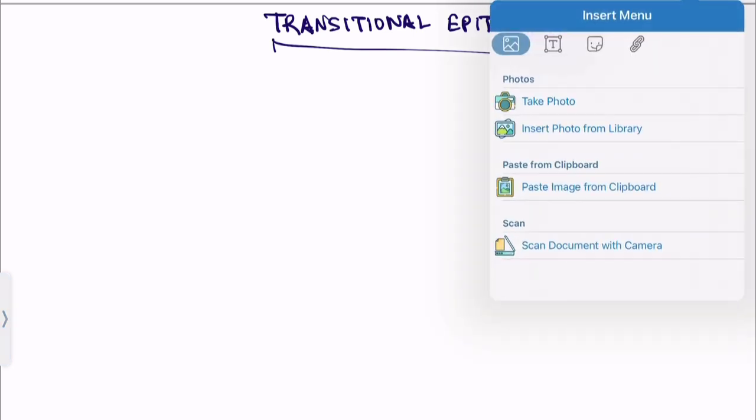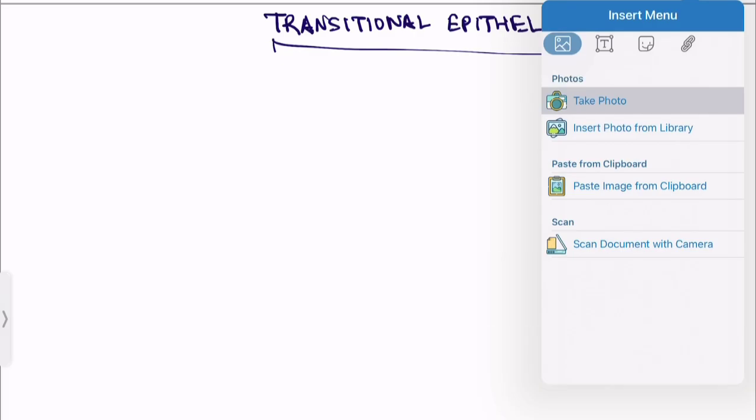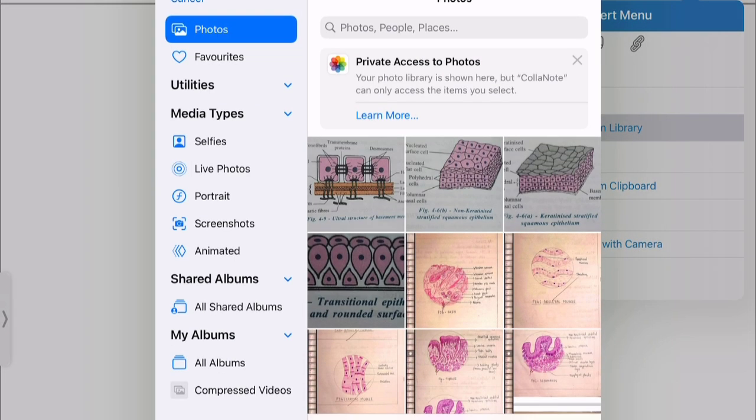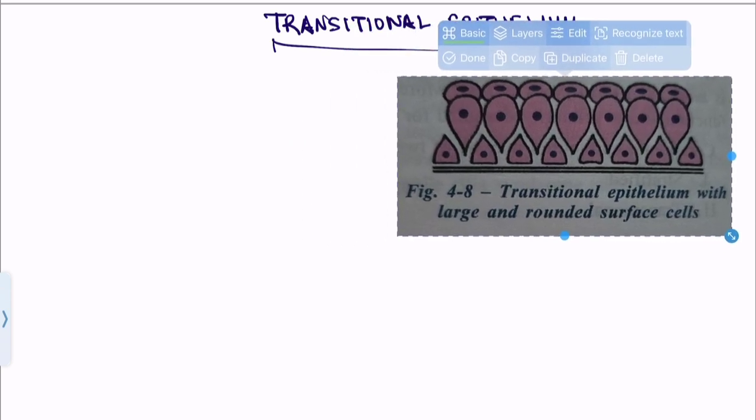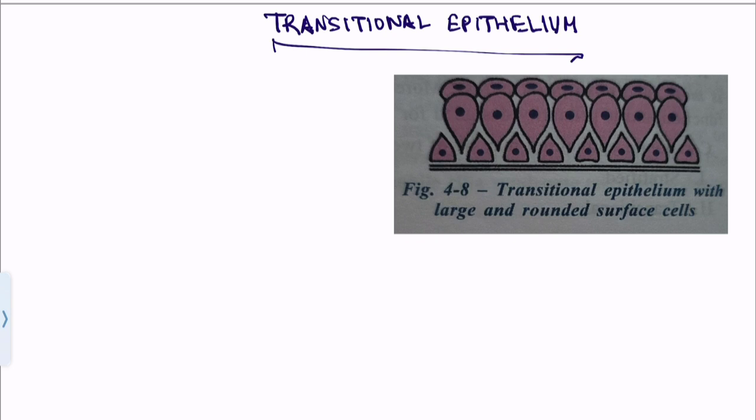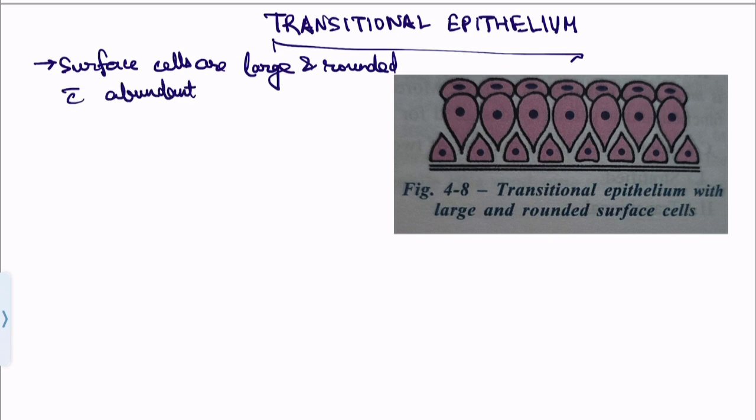First, let us import a photo. Surface cells are large and rounded with abundant cytoplasm and prominent nuclei.